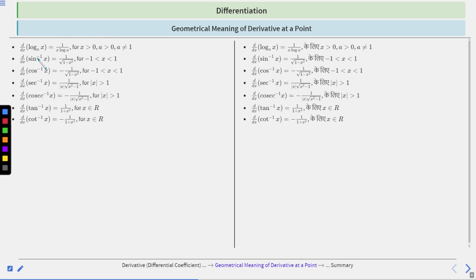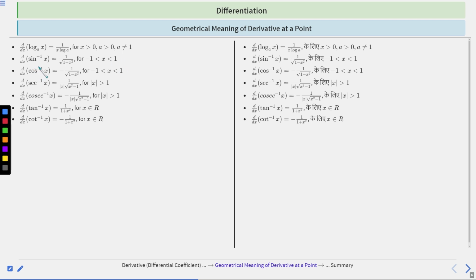So derivative of log x base a is basically 1 by x log a. Clear? For x greater than 0, a greater than 0, and a should not be equal to 1. If a will be 1, then denominator will be 0 and this function will not be defined. Clear? So it should not be equal to 1. We have seen this in logarithmic functions, right?